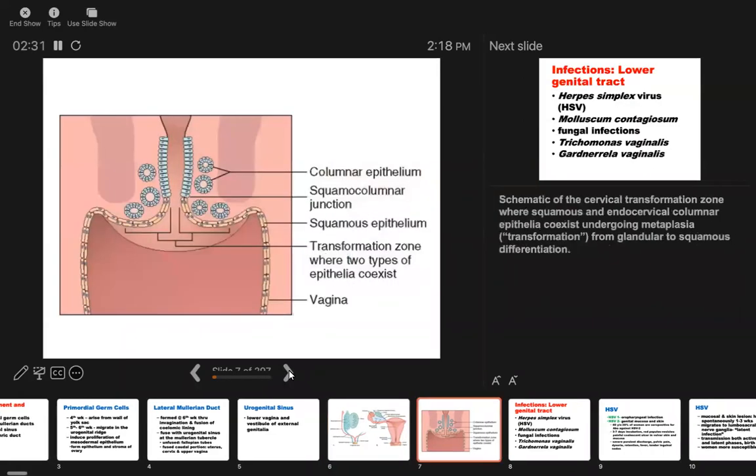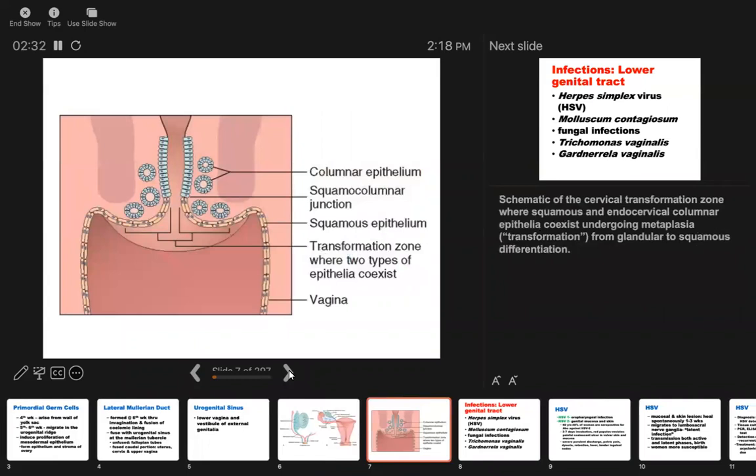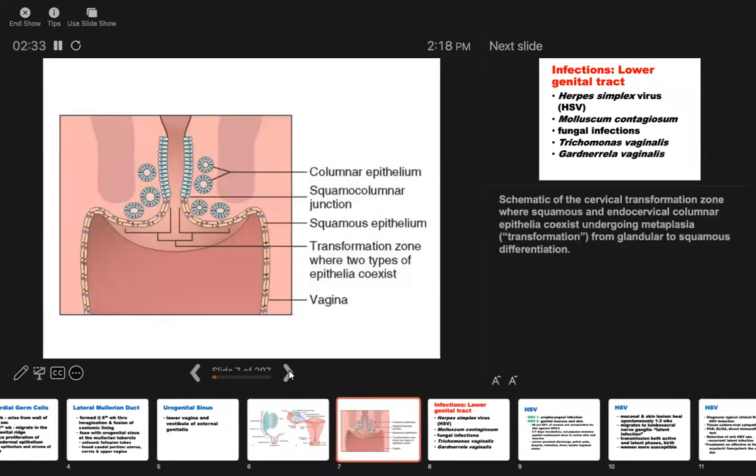Now, this is a schematic illustration of the transformations. This one tells us that the lining epithelium, the yellow one, should be squamous. Basically, that covers the vagina and that of the ectocervix. In this region, you have the columnar mucin-secreting epithelium or glandular.